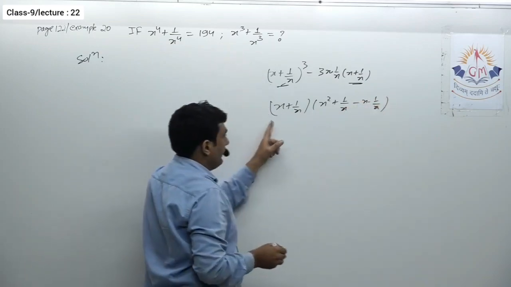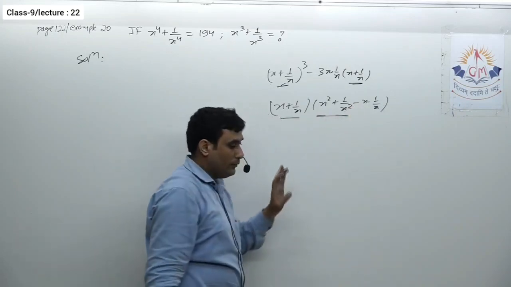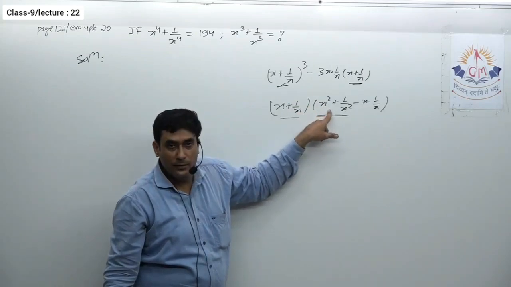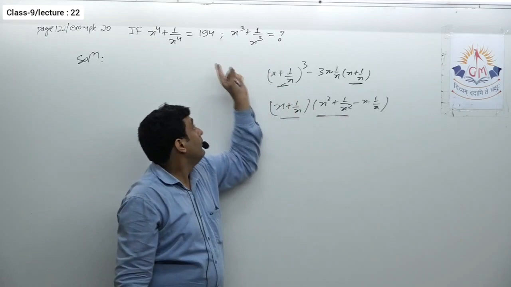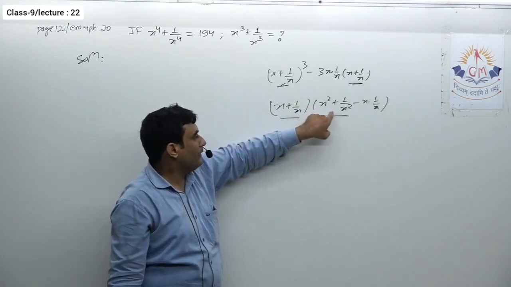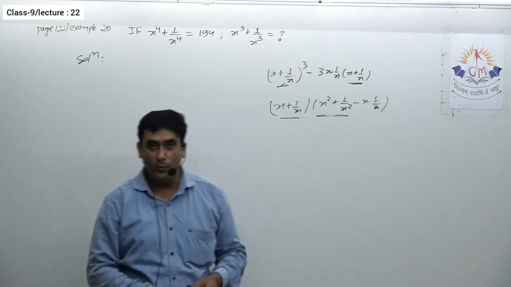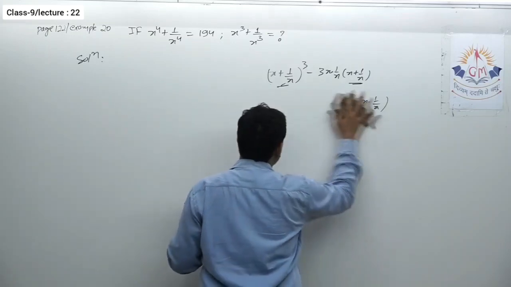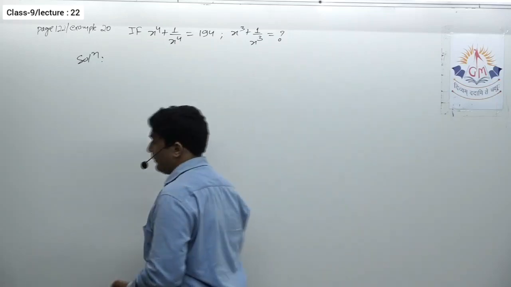So over here, if I use this identity, I need this expression as well as this expression. Now one thing, be assured, to obtain this you need this. It is not possible to get this without this. It means from x raised to 4, first we have to come to x raised to 2, and from x raised to 2 we have to come to x raised to 1. Okay, and then we will use this identity to get the value of x cube plus 1 upon x cube.